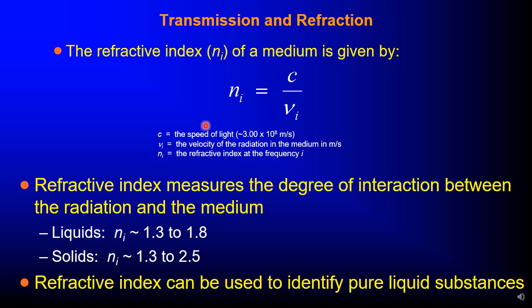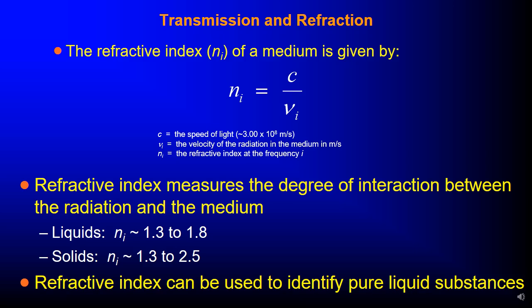We can get the refractive index at the frequency by taking the speed of light over the velocity of radiation in the medium. So the refractive index measures the degree of interaction between the radiation and the medium.